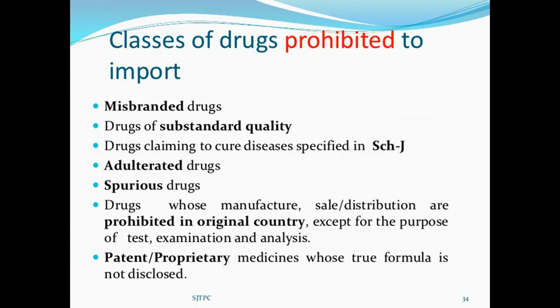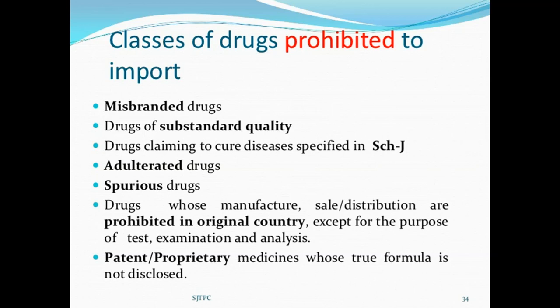The other thing is patent and proprietary medicines. In the definition, a patent and proprietary medicine means a medicine which has been developed but is not listed in the standard books. What are the standard books?